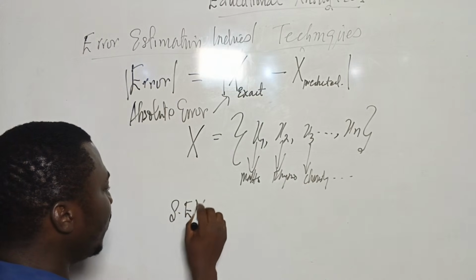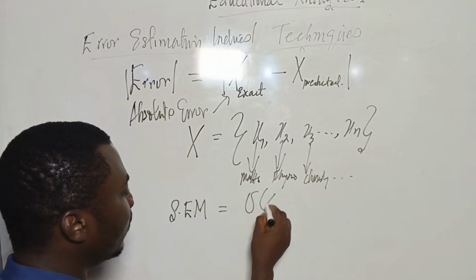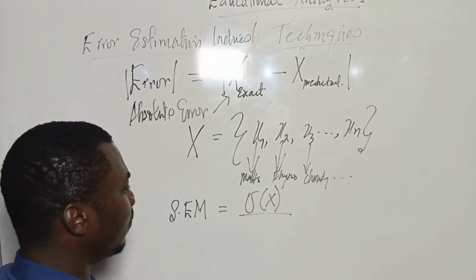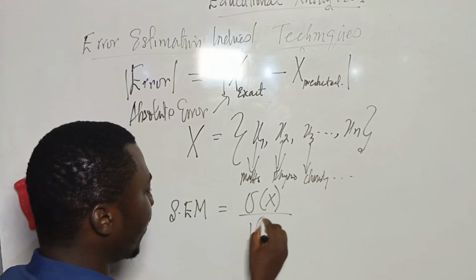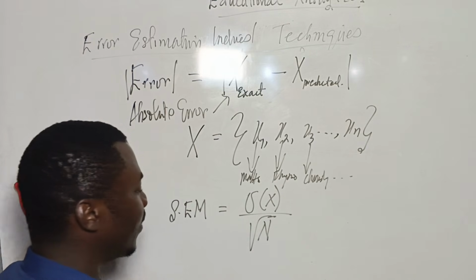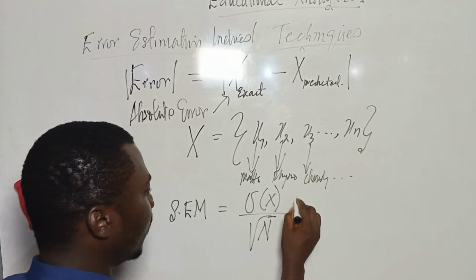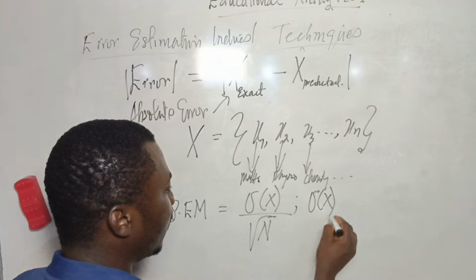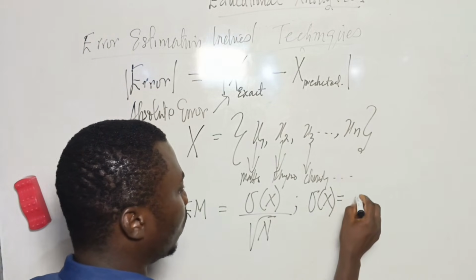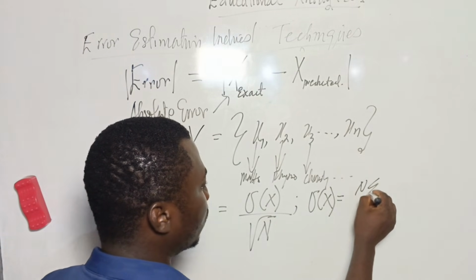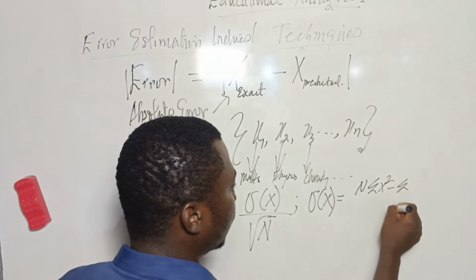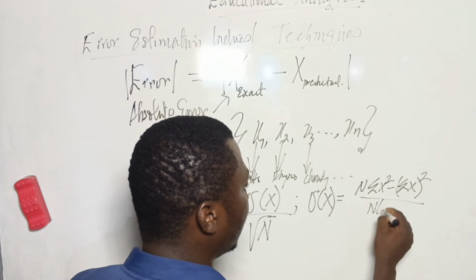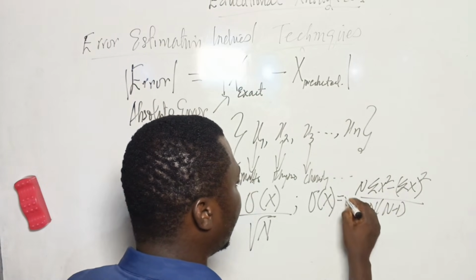You can decide to use the standard error of the mean, which is defined as the variation in the measurements from the mean divided by the square root of the sample size, n. You can obtain the standard deviation of this measurement x using this computation: n times summation x squared minus summation x all squared, over n times n minus 1, and then you take the square root.